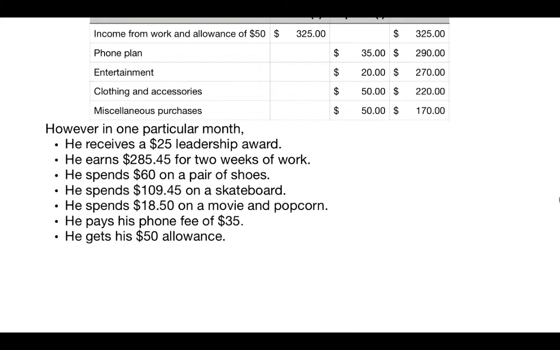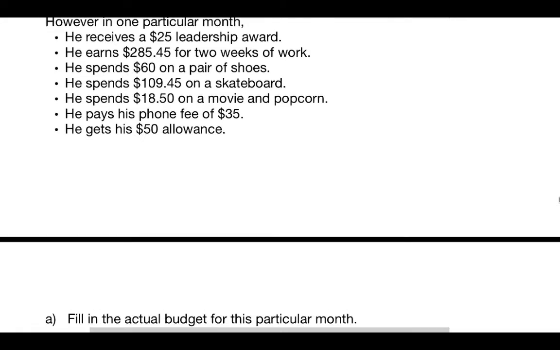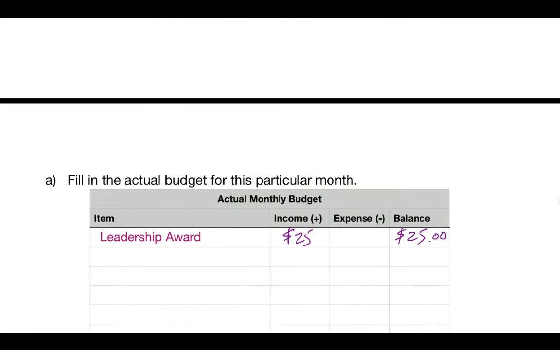Next, we have $285.45 for 2 weeks of work. Okay, so the income from work is $285.45. And now I'm going to add that to the $25, and I'm left with $310.45.